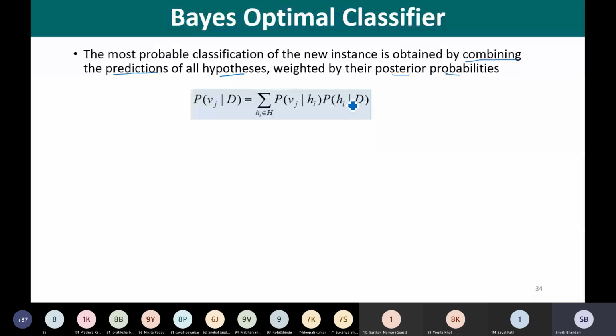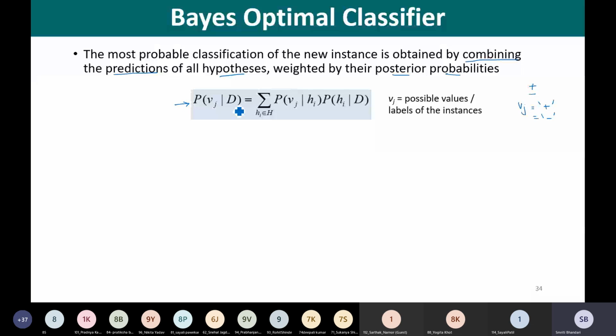Vj is the possible value or the possible class. So Vj denotes the possible labels of instances. Then my Vj would be either positive class, class 1, or negative class, that is class 2.